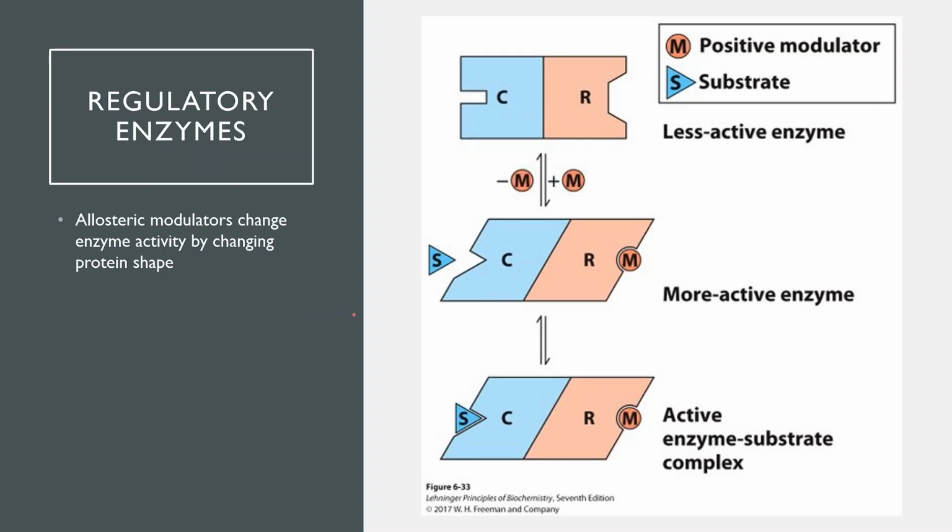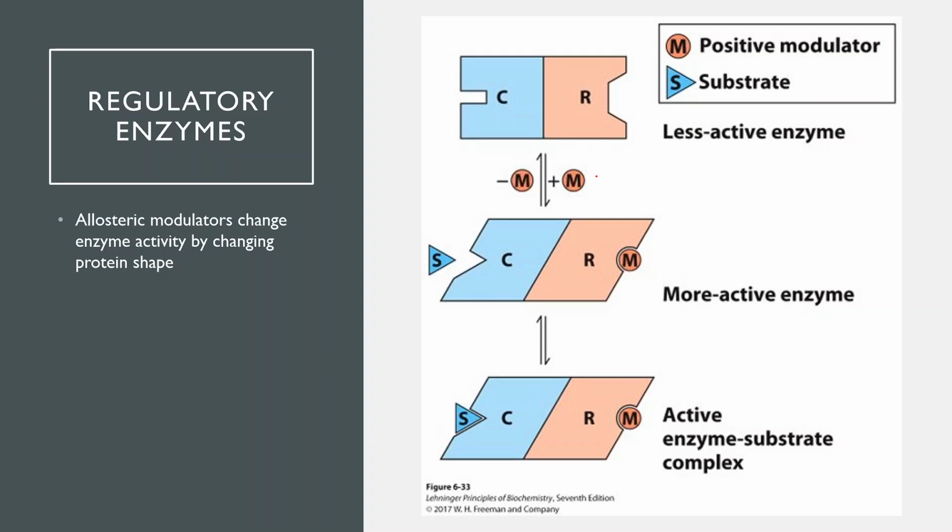A common mechanism for regulating enzymes is through allosteric modification. That means that something other than the substrate binds to the enzyme and changes its shape in some way to, usually, increase the activity of the enzyme, and by definition, this would be a positive modulator.